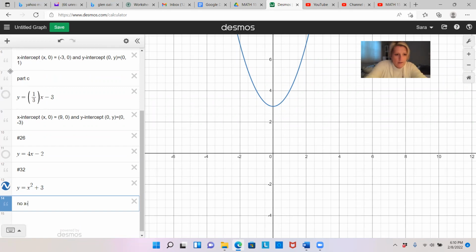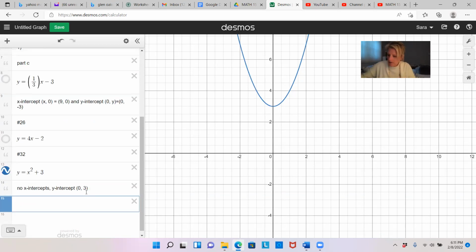And then the y-intercept, we're going to click on the graph, and it looks like it's at 0, 3. Everybody see that? 0, 3. That's number 32.